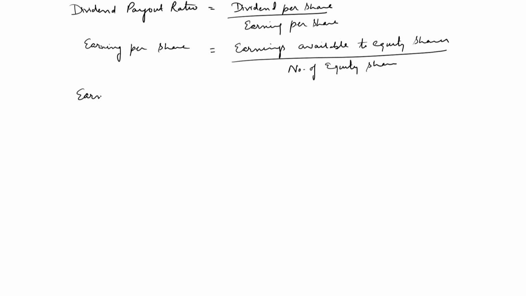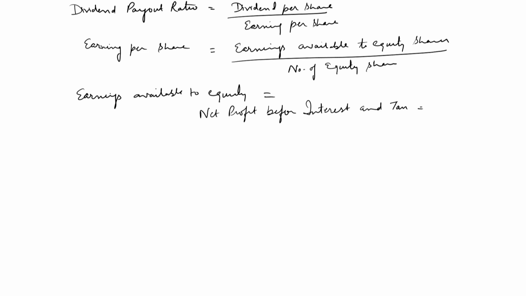So the earnings available to equity in the given question will be the net profit before interest and tax, which is given in the question, 2 lakh rupees. Out of this 2 lakh, we first deduct the amount of interest paid, that is 30,000, and then we have given in the question the amount of taxes paid is 60,000.